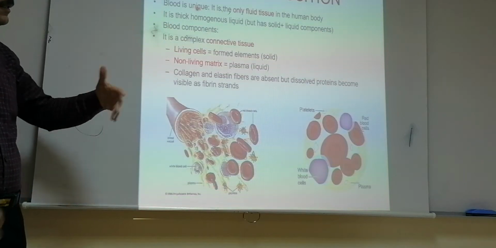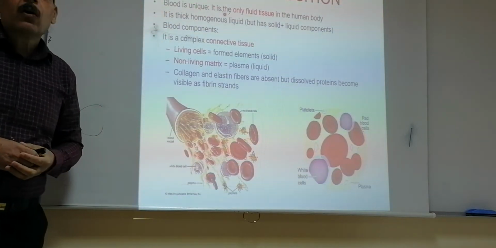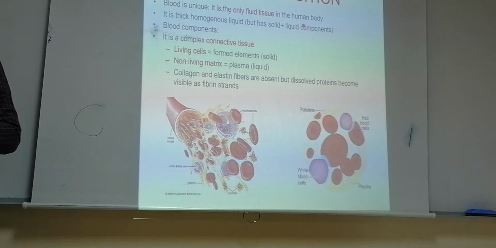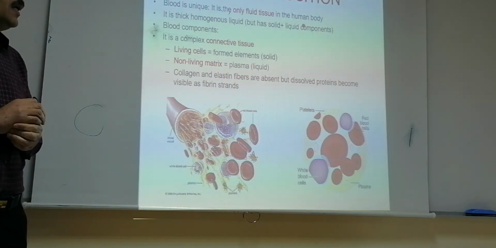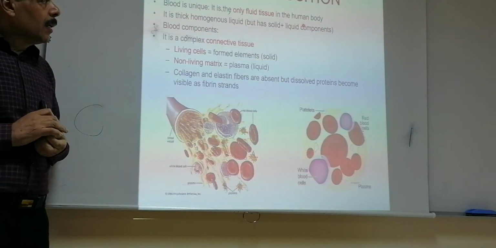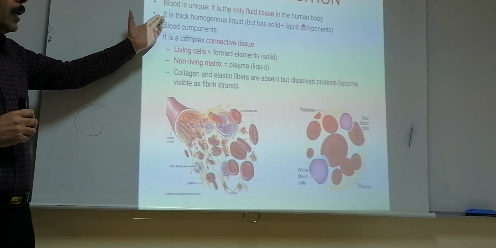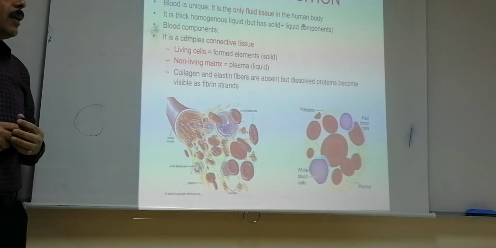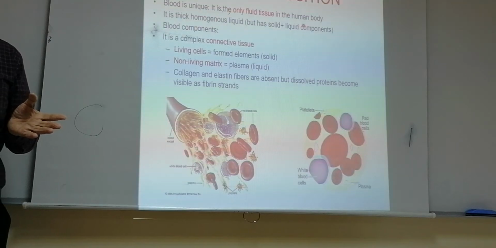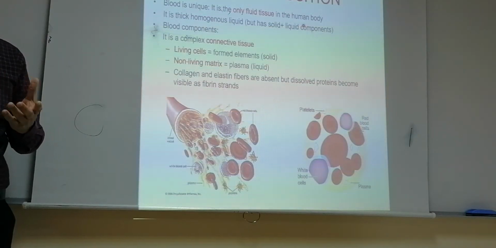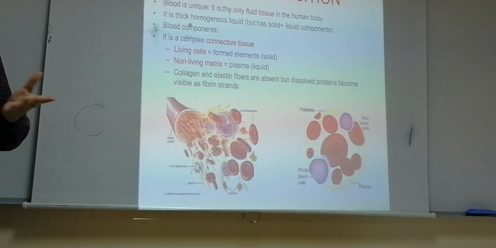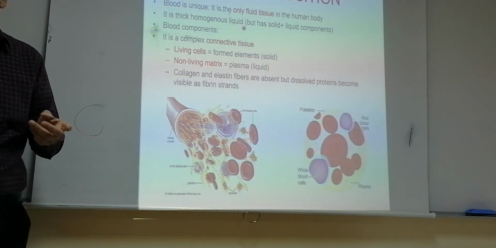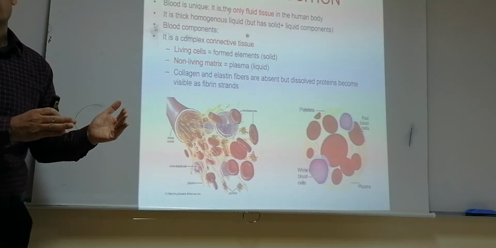The blood is the only unique fluid tissue in our body. No other fluid tissue is there in the human being. It is thick and homogeneous also. Homogeneous means that all the components are equal in each ml of the blood.